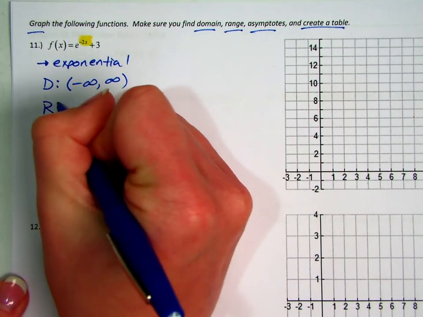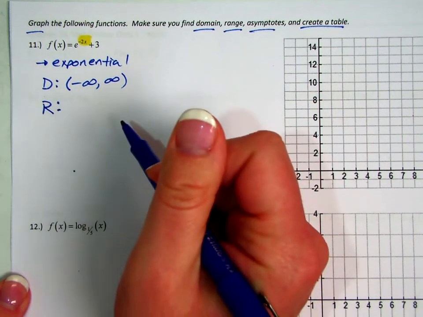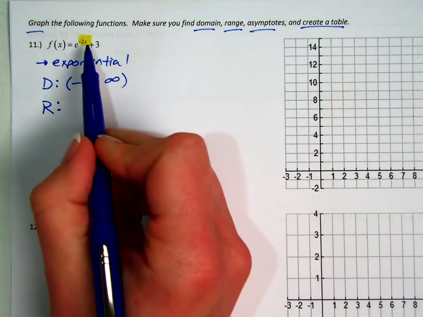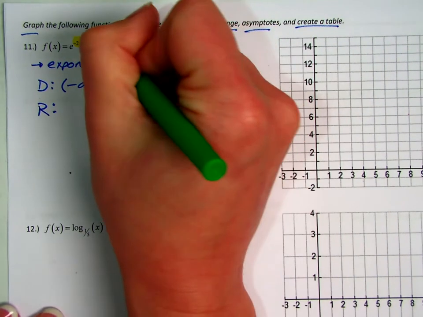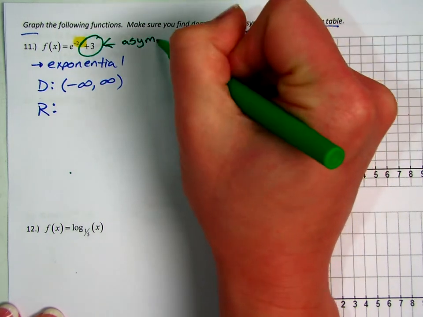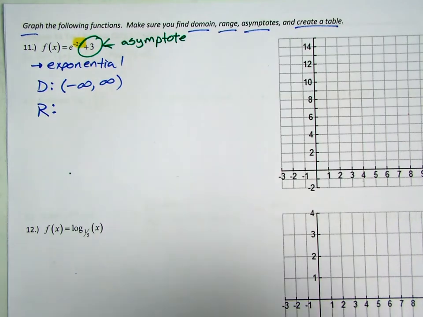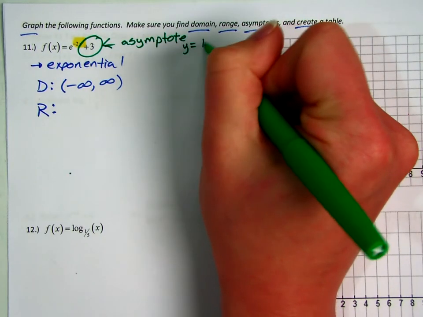Then I need to think about the range, which I'll do after I graph it and after I find my asymptote. In this case, since it's exponential, we look at the last number, the thing added or subtracted at the end, to give us our asymptote. This gives us a horizontal asymptote, so we say y equals whatever that number is.